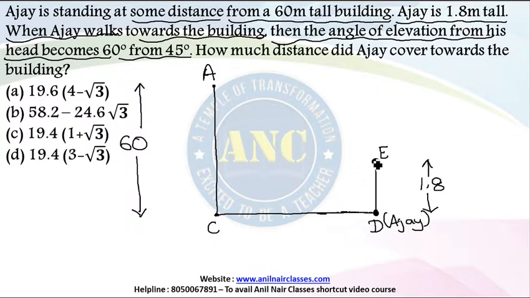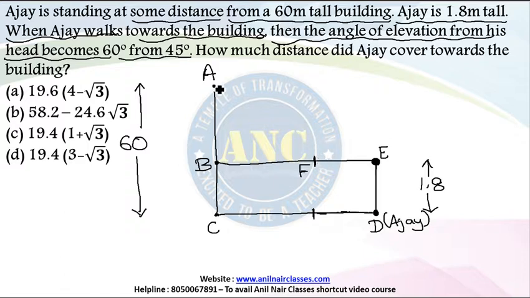Point E is the head of Ajay. That means from the head of Ajay, angle of elevation becomes 60 degrees after walking for some distance. This is where he has walked till now. So this point I will call point F. This point I will call point B.